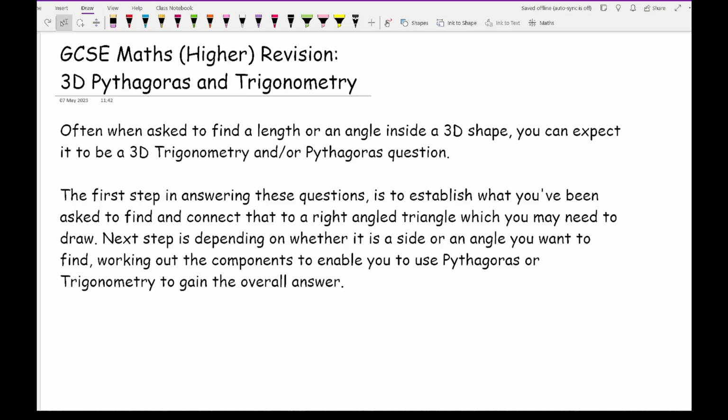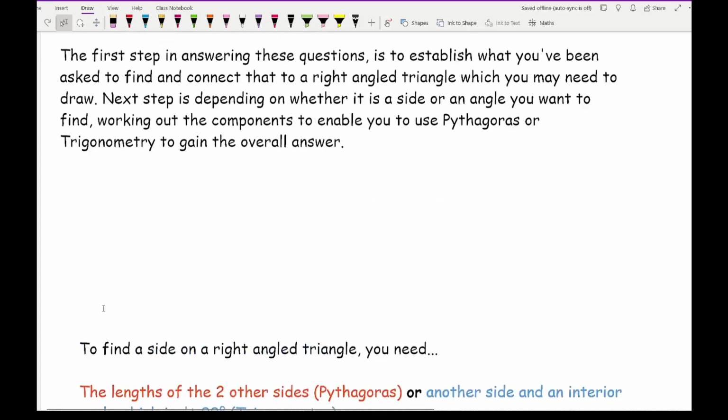The key thing to remember with regards to 3D trig and Pythagoras is that there are no new formulas that you need to know. Yes, the questions can look more complicated, but basically 3D trigonometry and Pythagoras questions are what I like to call two-step trigonometry and Pythagoras questions. It just means that you have to do some legwork to find the bits that you need to then be able to comfortably answer the question.